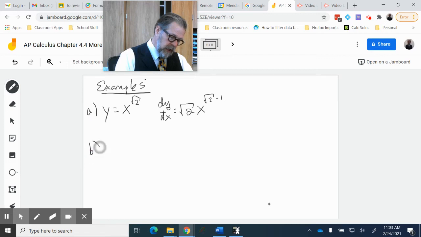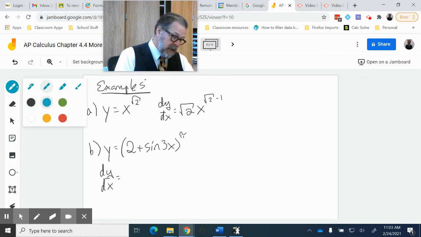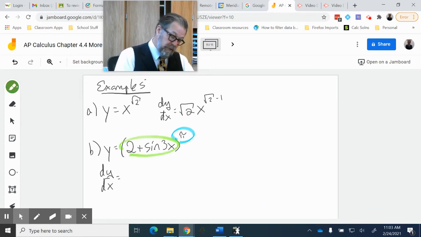Here's another quick example. y equals something more complicated: 2 plus sine of 3x, all to the pi. The derivative of y with respect to x equals, now be careful, because this is your outer function and this is your inner function.